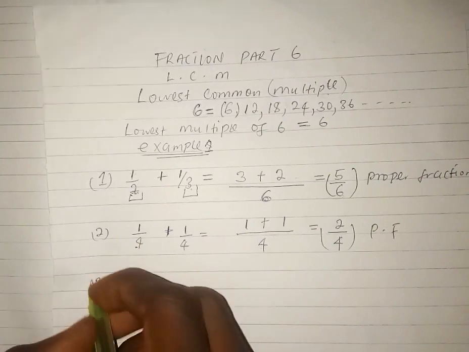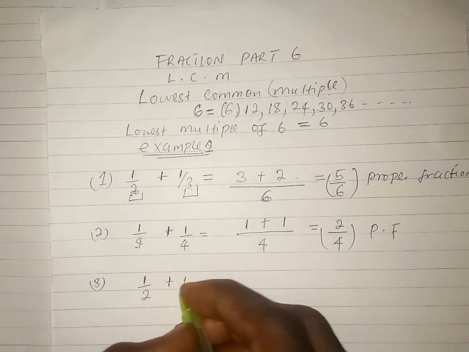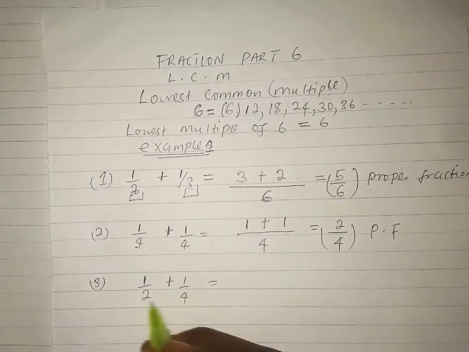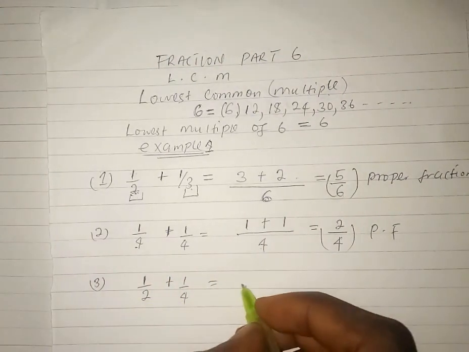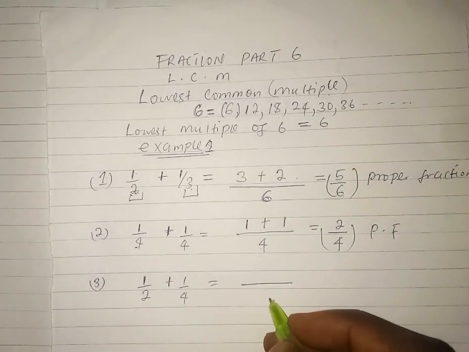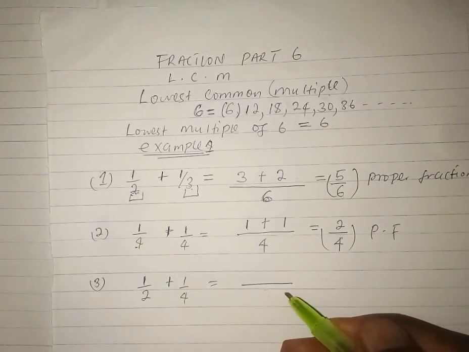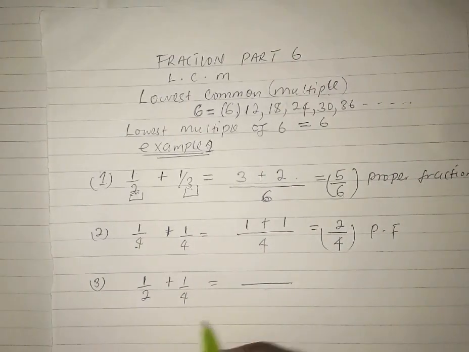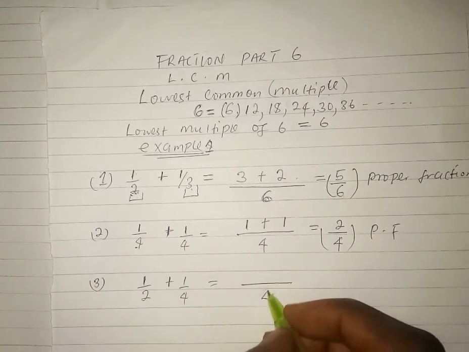Now, number 3, 1 over 2 plus 1 over 4. You can see both of our denominators are even numbers. So, what is our LCM? If we take 2, 2 divided by 2 is going to work, but 2 divided by 4 is not going to work. It's going to give you a decimal. So, you need to say our LCM is 4.